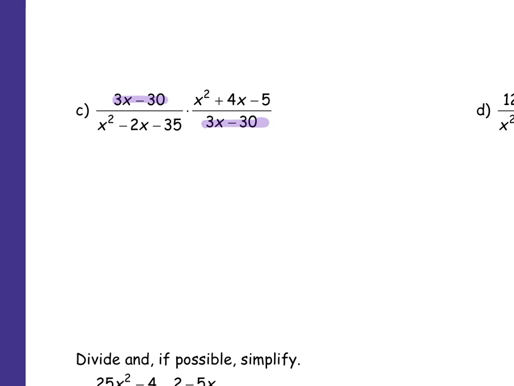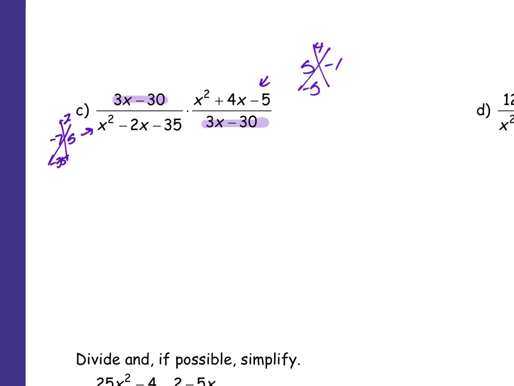So I'm going to factor this one here, right? What multiplies to be negative 5 and adds to be 4? That would be 5 and negative 1. And then I'm going to factor this one. What multiplies to be negative 35 and adds to be negative 2? I think that's negative 7 and 5.